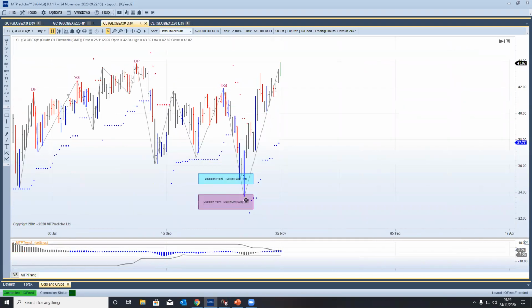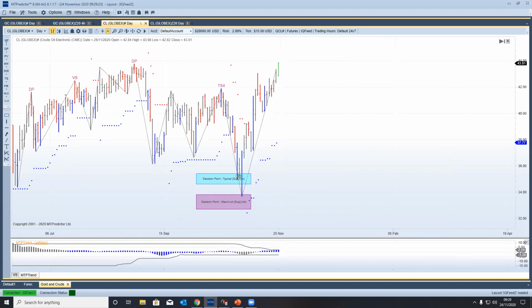So as you can see, that caught the low nicely. So this is a good example here of where we went through the typical, but we reversed at the maximum. I don't tend to use the maximum that often, but if it goes through the typical, like this one, then you very often see a reversal at the maximum. So that's very handy to use if we go through the typical area.